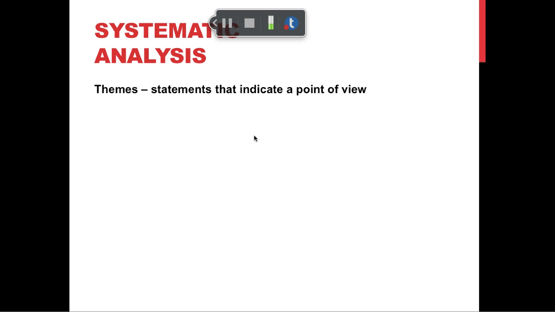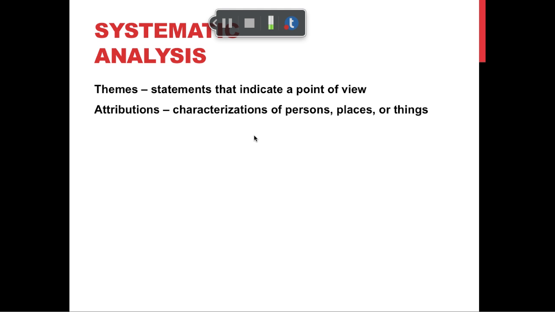So, just to reiterate, we have systematic analysis, which we can do, where we look for major themes that indicate a point of view in a specific artifact. We can look at how people create attributions, how the person who created the work created attributions, so characterizations of persons, places, or things.